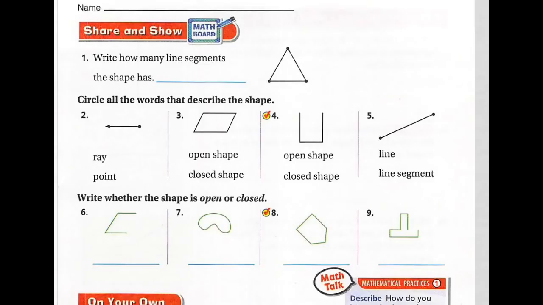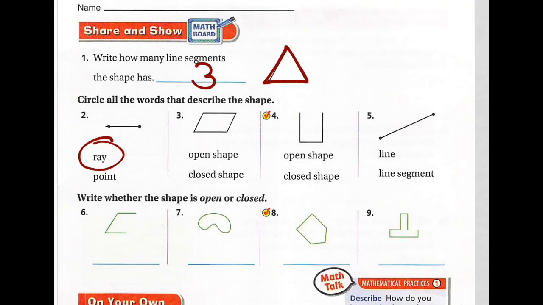Okay, on the next page for the Share and Show, I want you to do it on your own and then come back to check your work when you're finished. Okay, number 1. How many line segments does it have? Well, it has 1 from here, 2, and 3. Circle all the words that describe the shape. For number 2, that would be a ray.